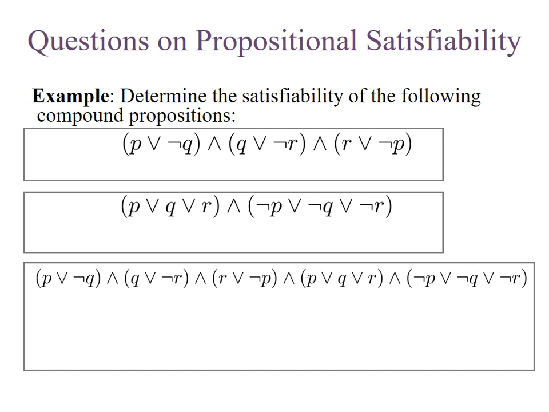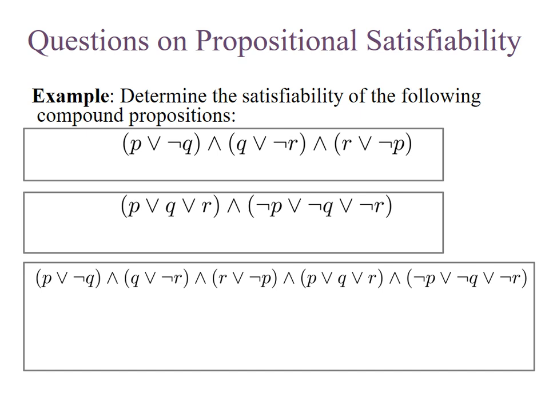So once Q is true, then we have not R here, and then we have R in the last component. So R should be true, so not R is false. That makes the second term also true. If R is true, then no matter what the value of P is, the last term is also true.